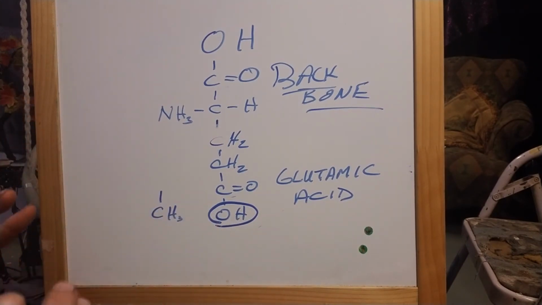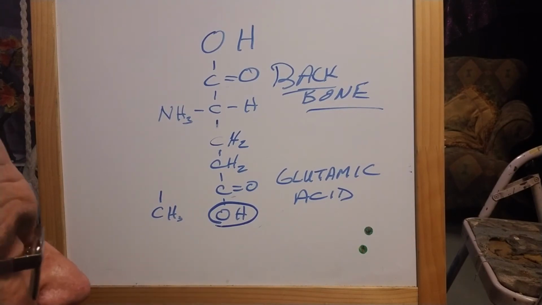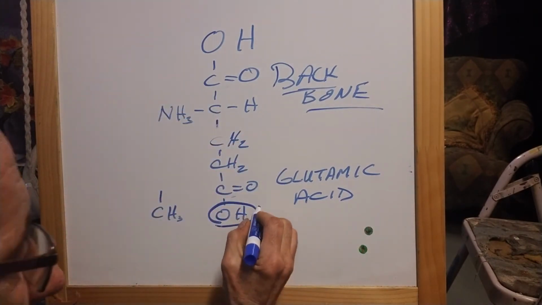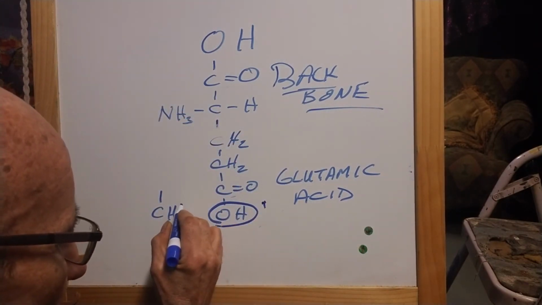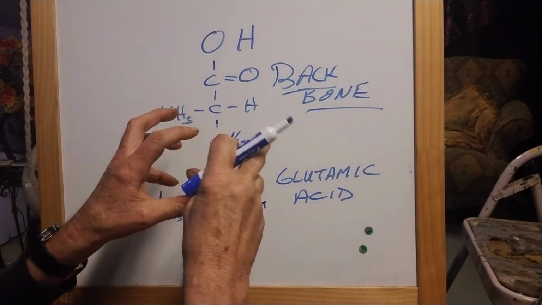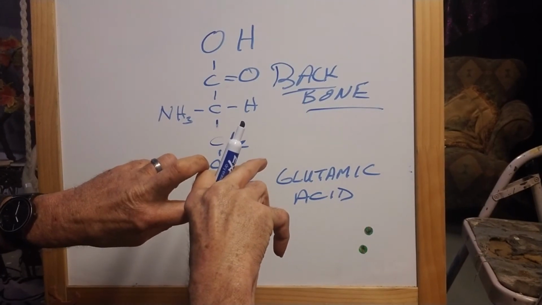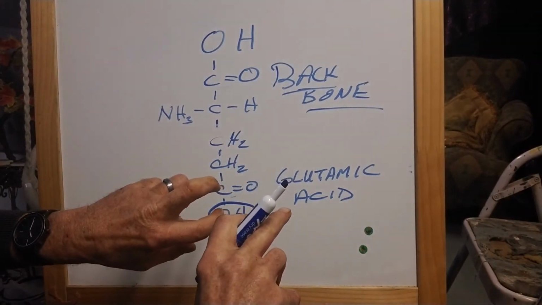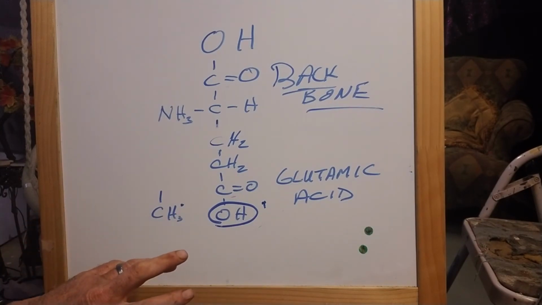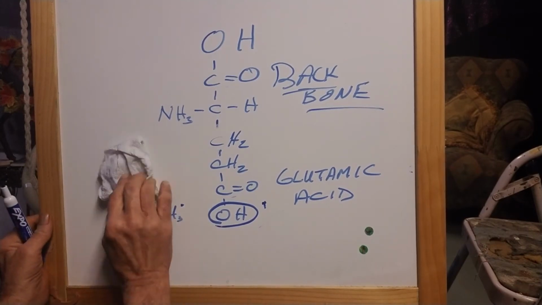Where that comes in so important is the end charges: if this has a plus charge or no charge, or a slight negative, as these proteins are built, they attract each other or repel. That's what causes the protein to have its shape, and the shape is everything as far as the functionality of the protein. Okay?